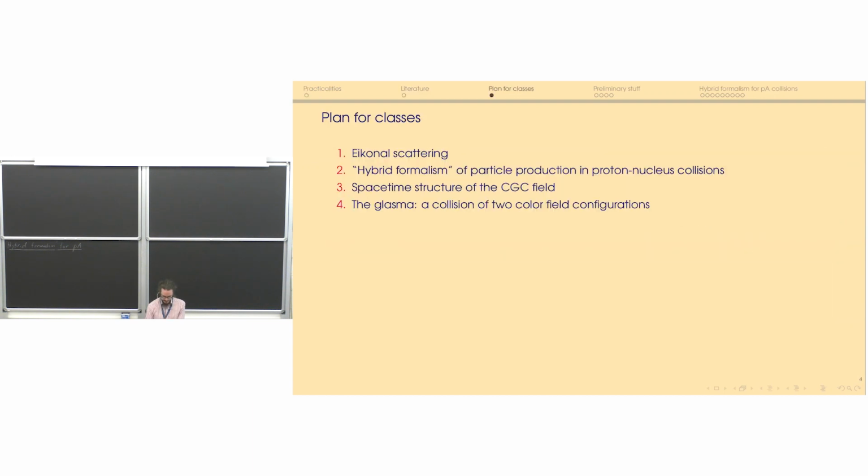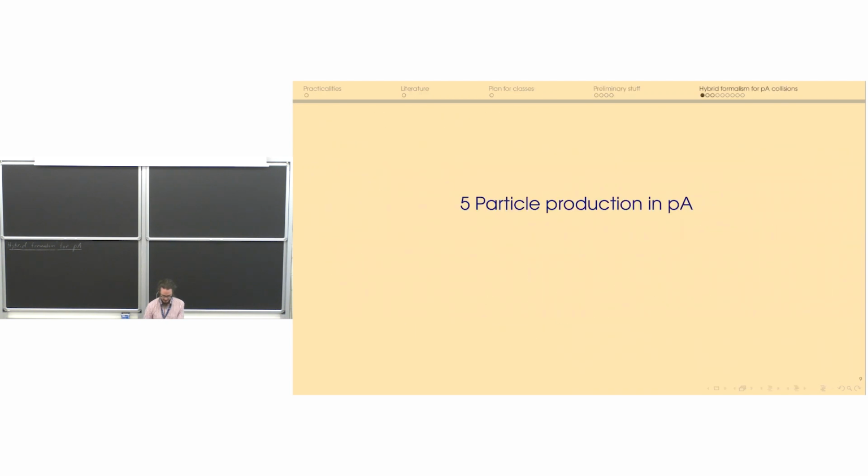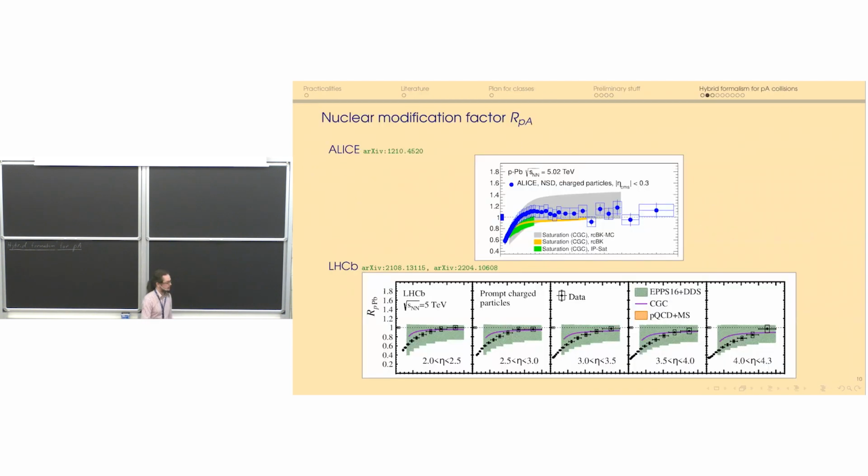Good. So just as a motivation, when we look at proton-nucleus collisions, this is the kind of experimental data we might be interested in. This is the nuclear modification factor RPA. Here are two experimental measurements.